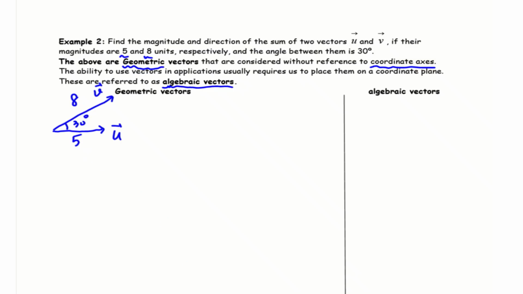We have learned that in order to add those two vectors together, this is a tail, this is a head, then this one we need to move here, tail to head. They are equivalent vectors, so they are the same, equal vectors. We could just move it to this part. Then the final vector U plus V will be from the tail to the last one's head. So this is U plus V.